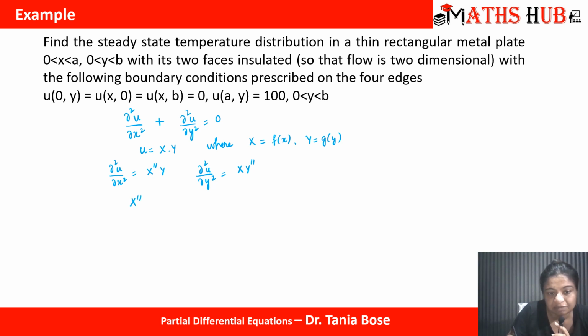The Laplace equation becomes X double dash Y plus X Y double dash is equal to 0. So you can separate the variables on both sides. On separating the variables, we get X double dash by X is equal to minus Y double dash by Y, right?